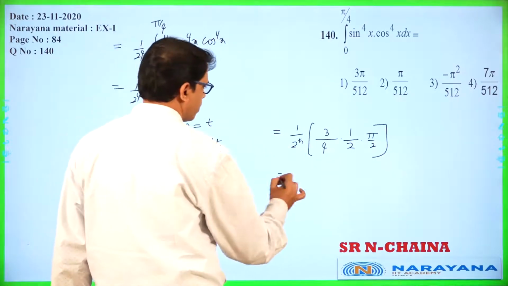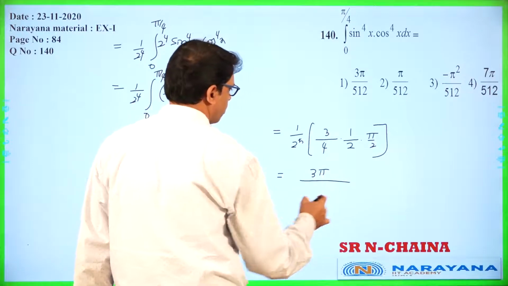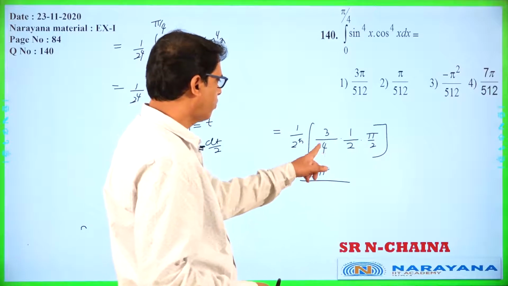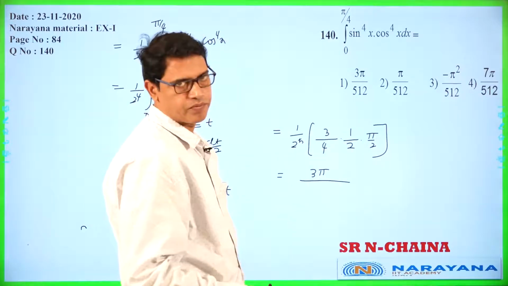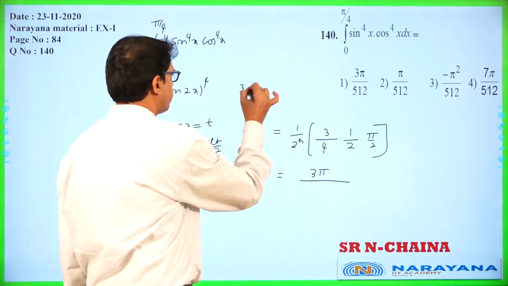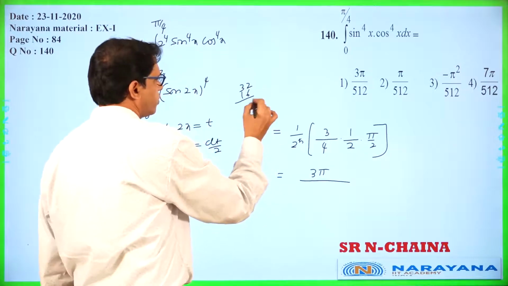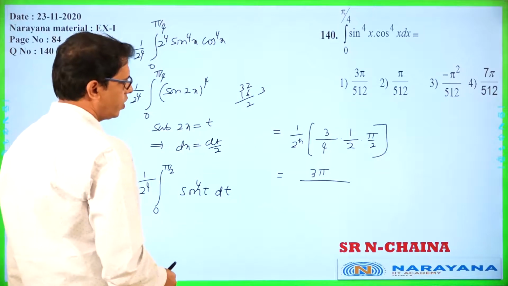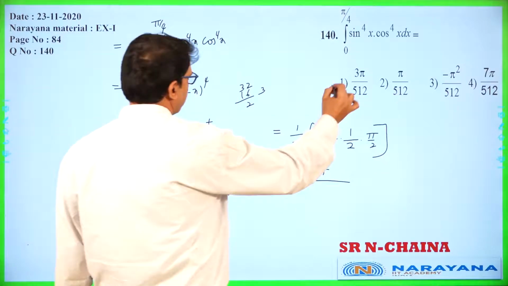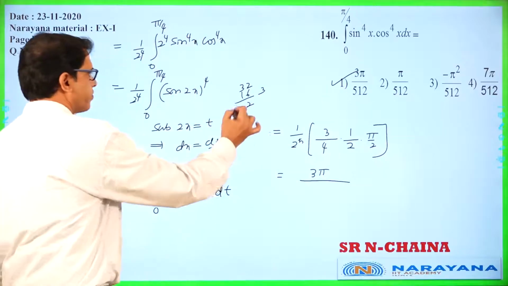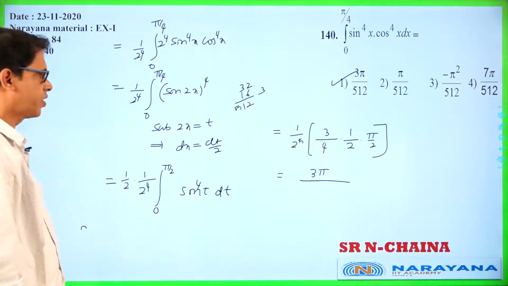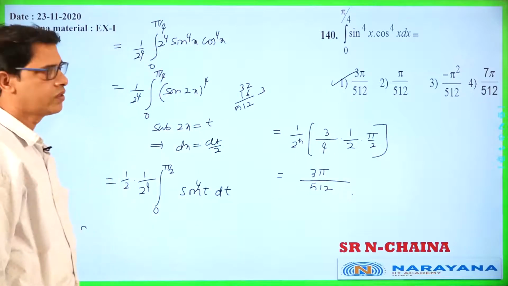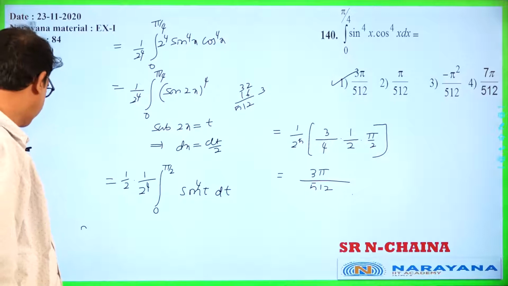That implies 3 pi by 32, so 32 into 16 is 512. So 3 pi by 512. Option 3, the first option, so 3 pi by 512. Okay. Next one.